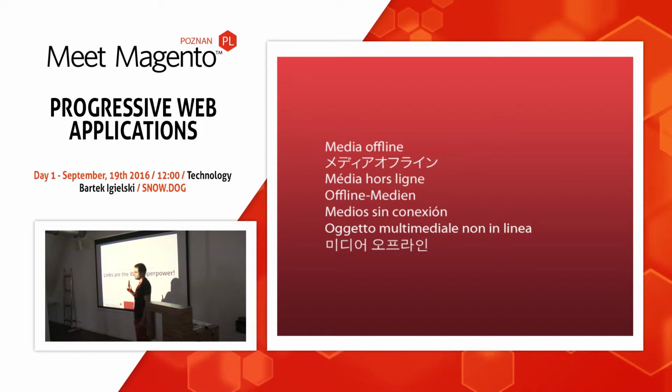But right now, the web has a really great distribution model, because we can just take a link, open it in the browser, and we have what we need. And that's why links are the web's superpowers. When we look into our emails or other native applications, to get into the application, we have to have some kind of link. There is no way to jump into applications without using the web.